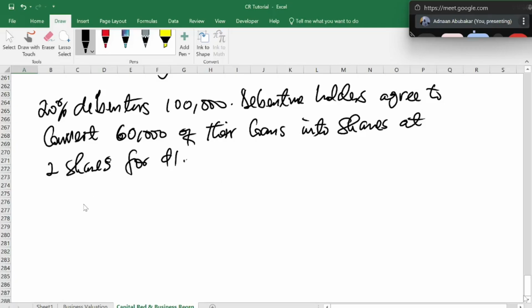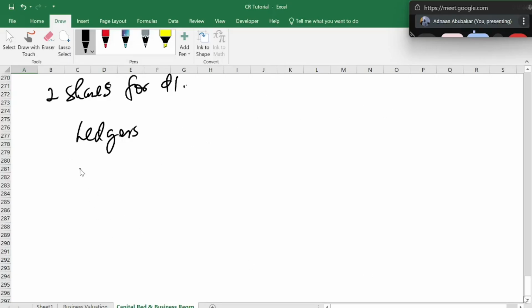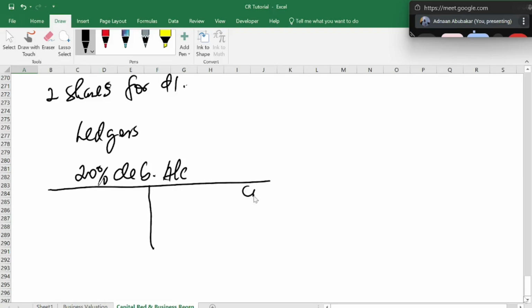So here your ledgers are going to be like this. One, you open the 20% debenture account, which has a credit side and a debit side.